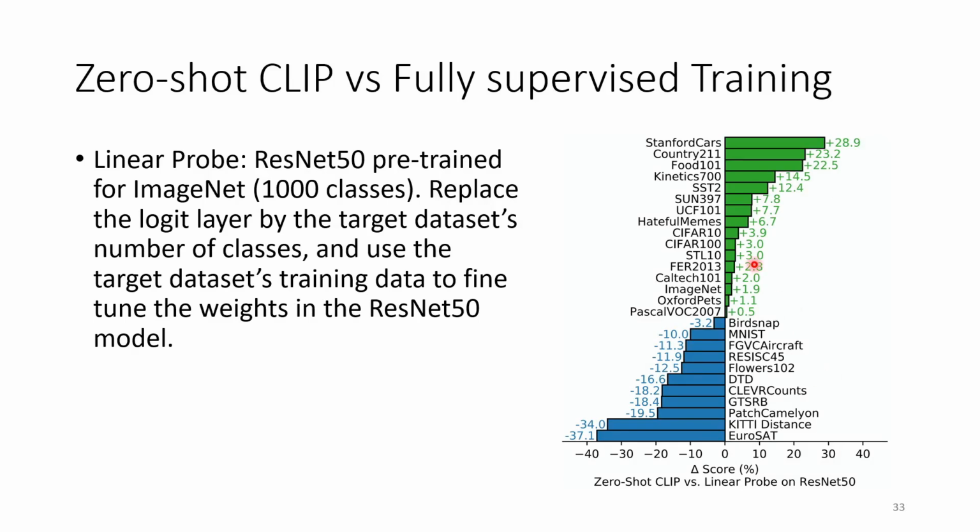So let's see this figure. There are 27 datasets. Some of them you may know, for example CIFAR10 and CIFAR100, and ImageNet. And what is CIFAR10?